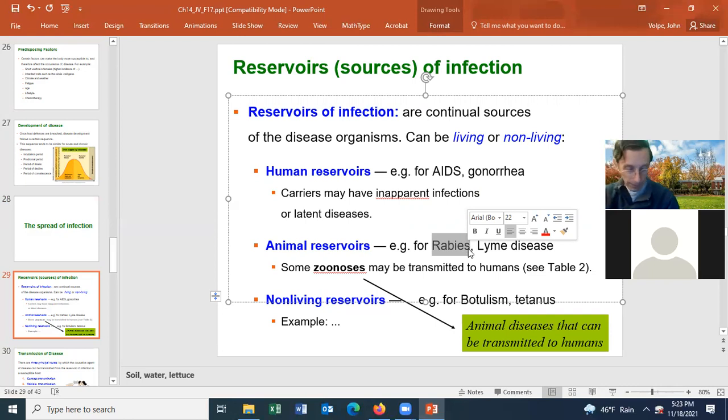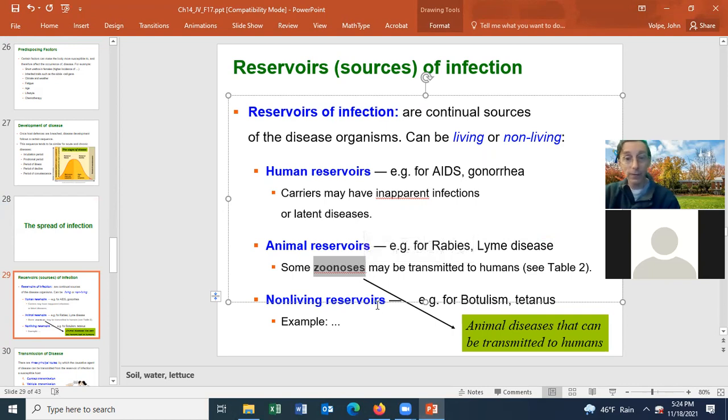Meaning that if a rabid human were to bite another human, he would not transmit the rabies. Lyme disease is not that way. A tick can bite an infected human and then get infected and then bite another human. So Lyme disease can spread, but rabies doesn't spread once it is in the human. So it's a classic case of a zoonosis.